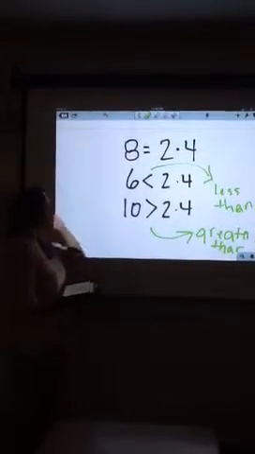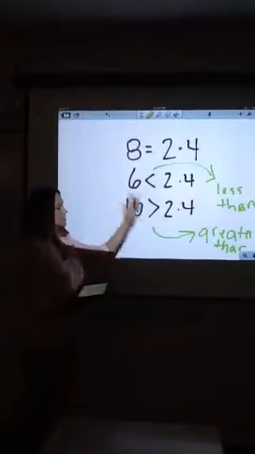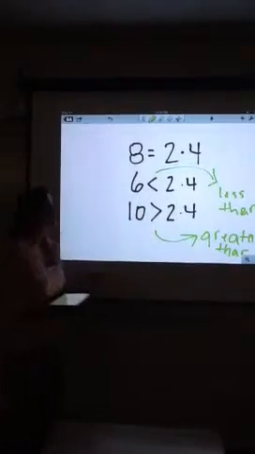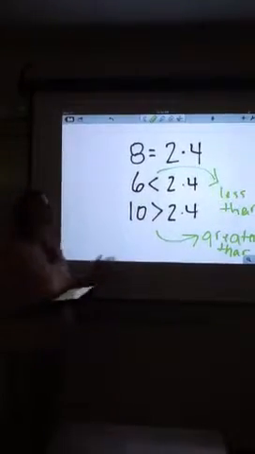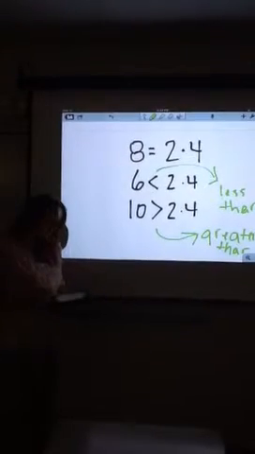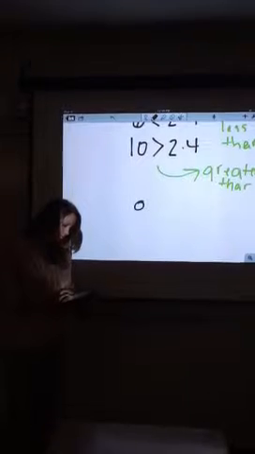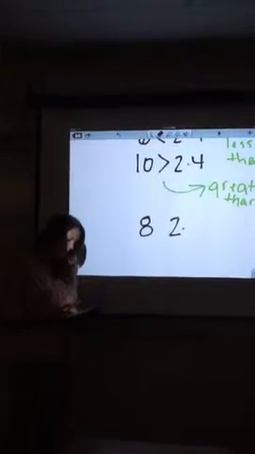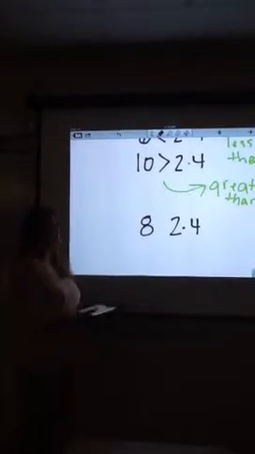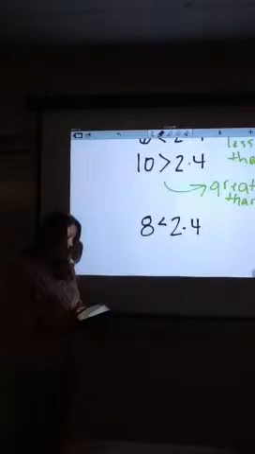Okay, so as far as inequality goes, usually it's less than or greater than, and sometimes you'll have a problem where it's less than or equal to. So let's go back to our 8. Again, if we had 8 and 2 times 4, we can use an inequality sign here.